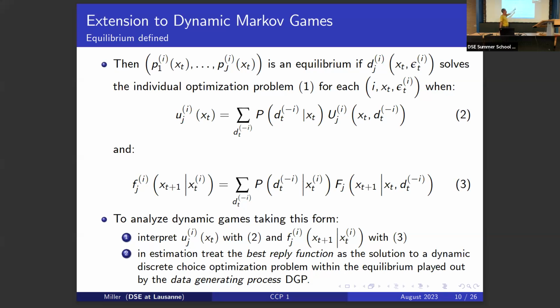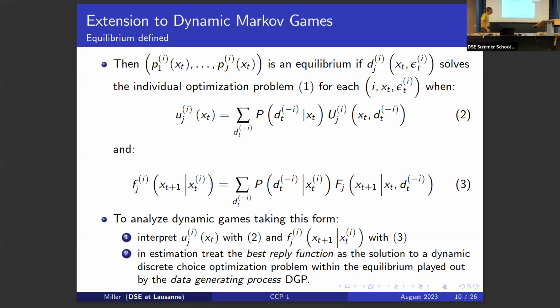So here's my utility function. I don't know what everybody else does. I will integrate over what everybody else does. That'll be my expected utility when I see state variables xt and I take action j.